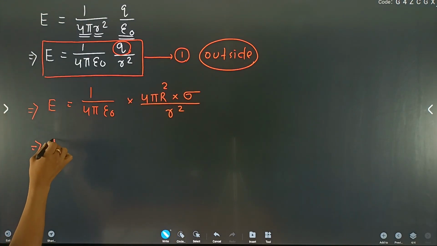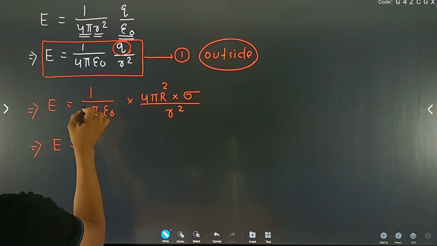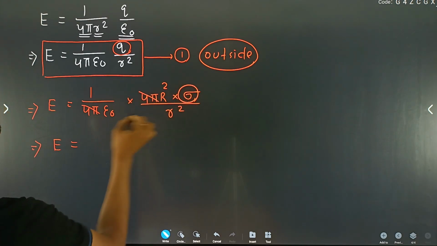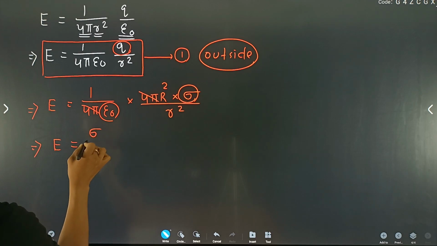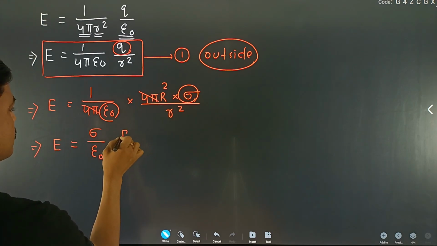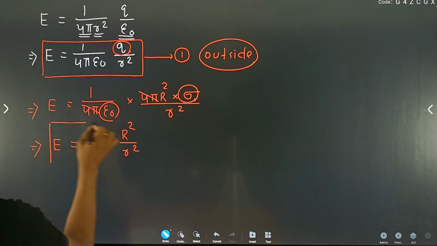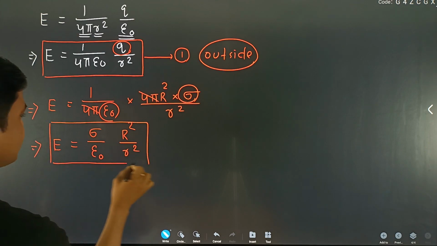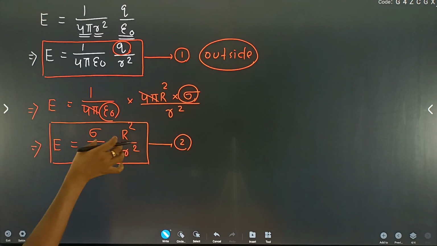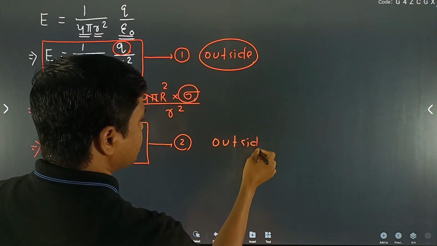That implies the electric field at the observation point outside the thin spherical shell, 4 pi cancels, and the remaining is sigma divided by epsilon 0 times capital R square divided by small r square. This is another expression for the electric field outside the thin spherical shell.